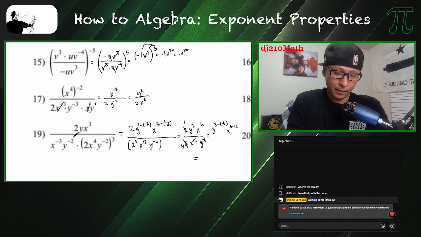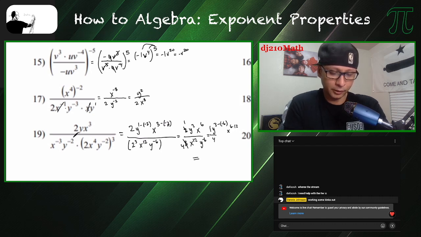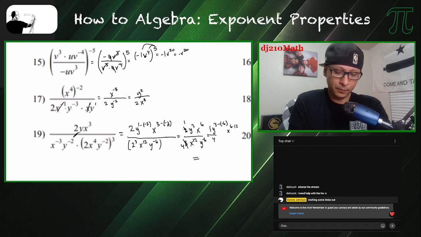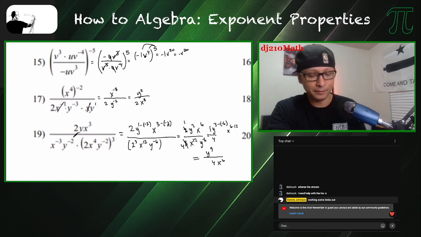Okay. And this is all over 4, because of the 1/4. So 4 in the denominator. So 3 plus 6 is 9. And then 6 minus 12 is negative 6. So x to the negative 6. So we can go and put that in the bottom as a positive.